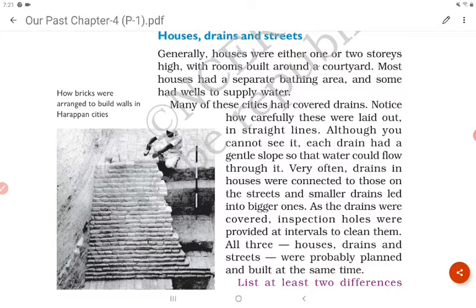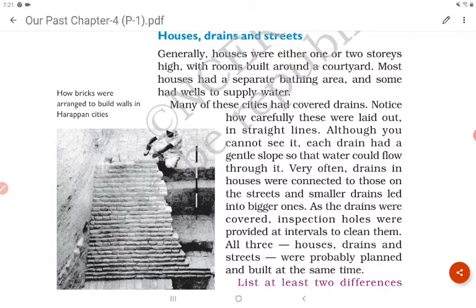Many of these cities had covered drains. Notice how carefully these were laid out in straight lines. Although you cannot see it, each drain had a gentle slope so that water could flow through it.